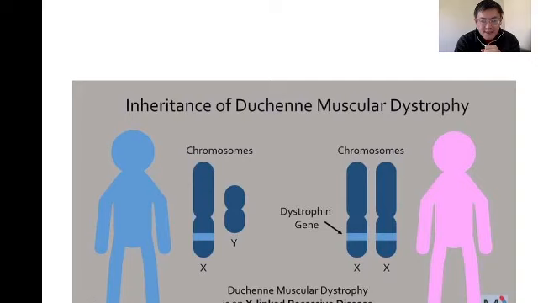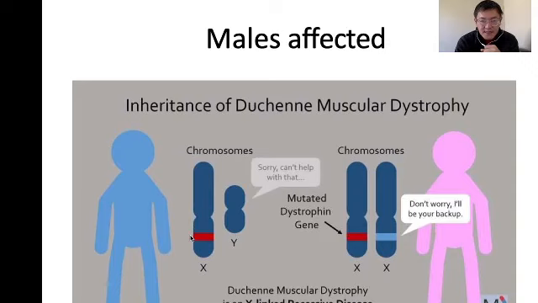Here we can see the dystrophin gene, which is located on the X chromosome. The female has two dystrophin genes. However, the male only has one X chromosome, so the male has only one dystrophin gene. This is the Duchenne patient.